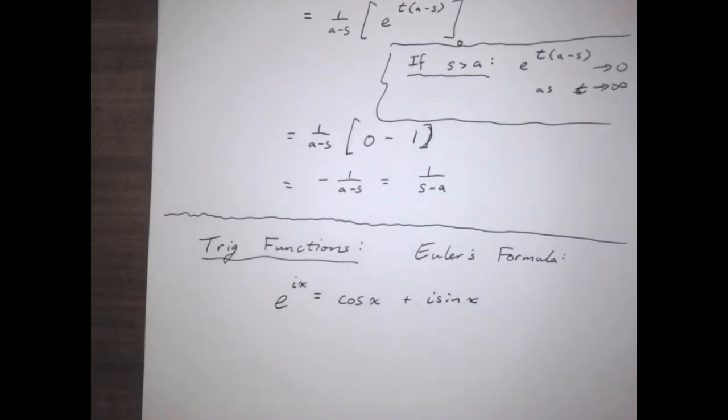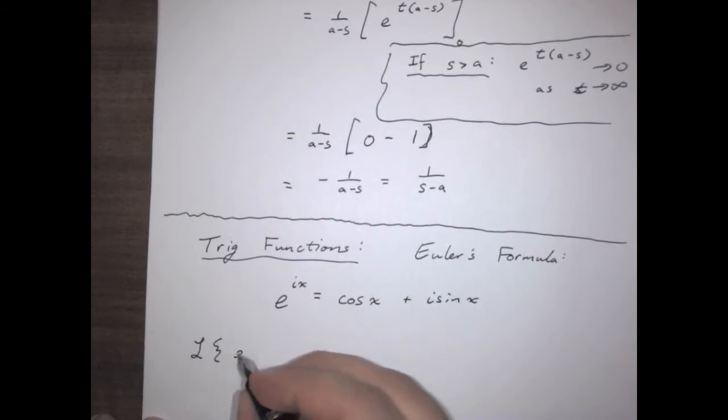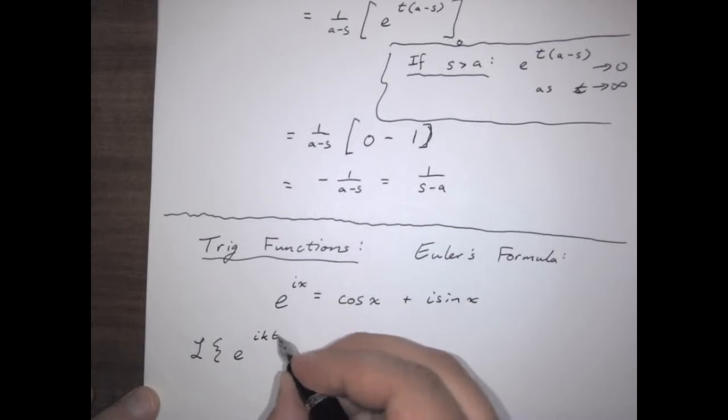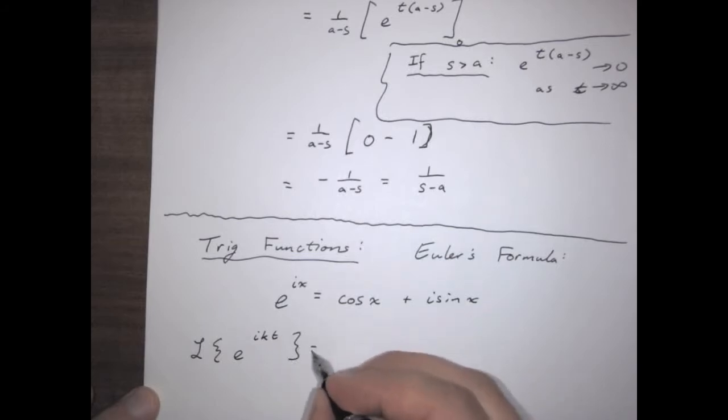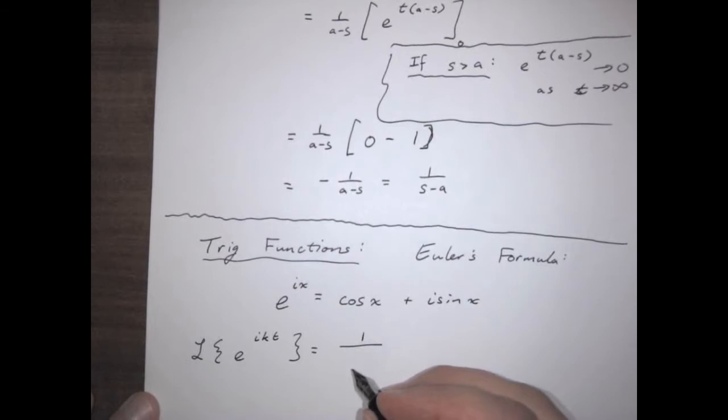So now, let's say I wanted to do the Laplace transform of e to the ikt. Well, according to what I just found here, that's going to be the same as 1 over s minus a, and a here is equal to ik.